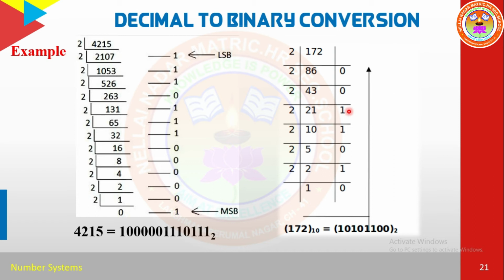Okay, right. So here the topmost value in this series is the LSB and this is the MSB. Why? Because, as already told, on the right hand side the first value is the LSB, and on the left hand side the first value is the MSB. Now, what is the expansion?